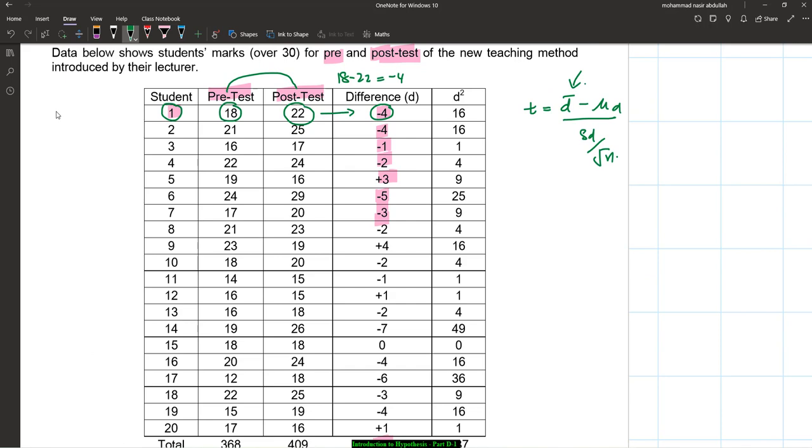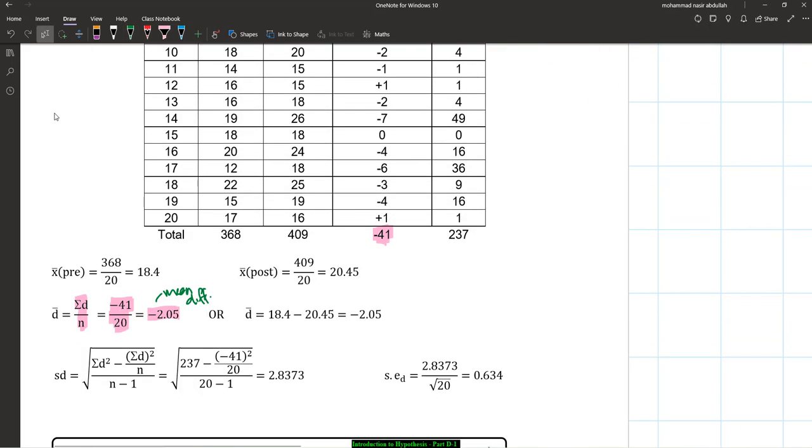calculating the result. Or there is another method, right? Instead of calculating for each difference, we can get the mean of pre-test and the mean of post-test, right? Then we take the difference between the mean of pre-test and the mean of post-test as this formula shows.